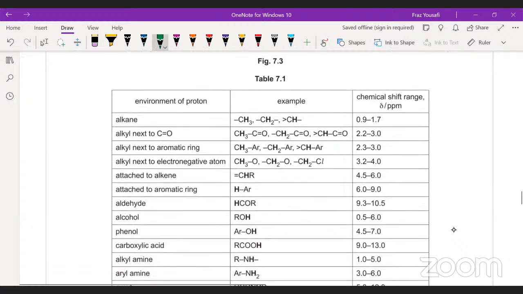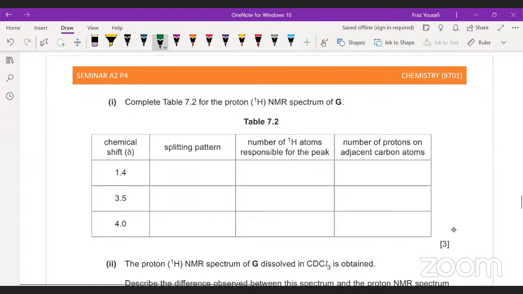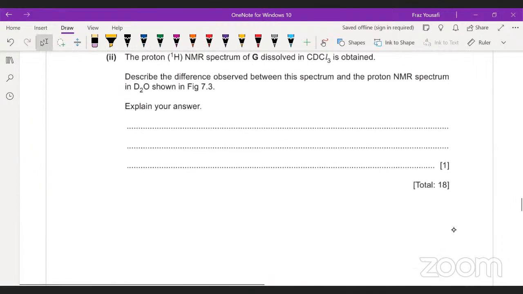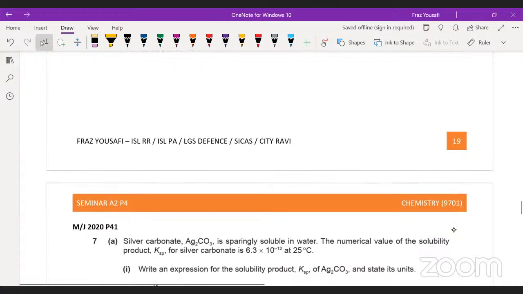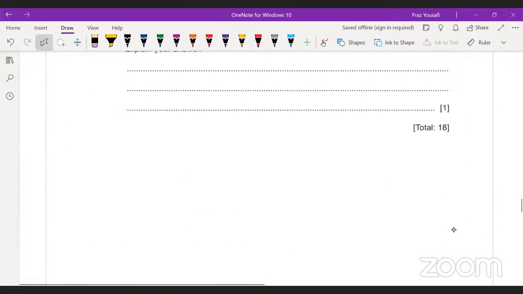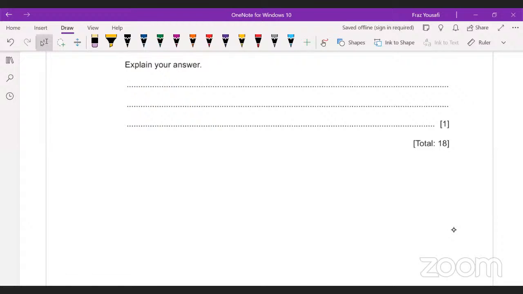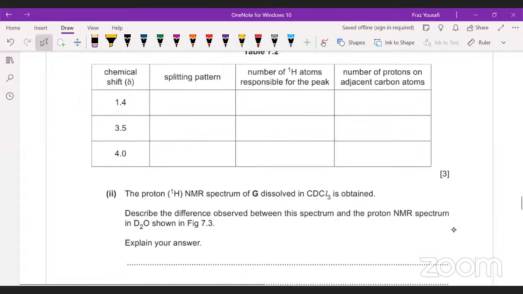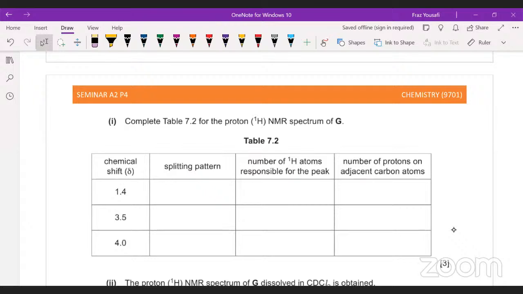Now, yes, here we are. So splitting pattern for each of the peaks, 1.4, 3.5, 4.0. And then the number of protons that are adjacent to the carbon, as well as the number of protons responsible for each respective peak.